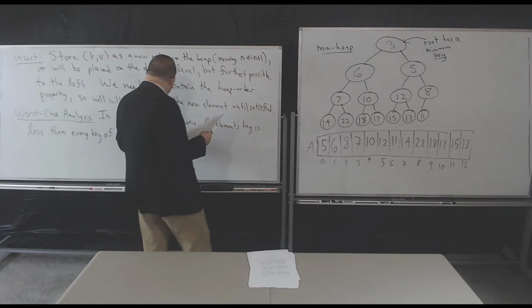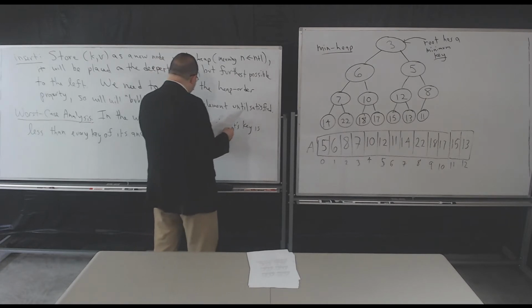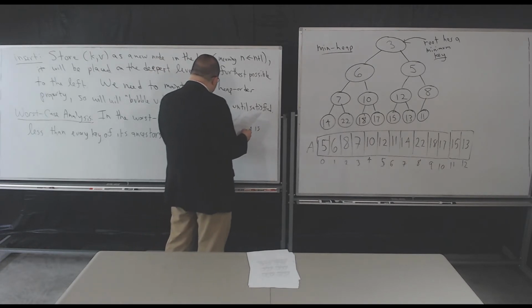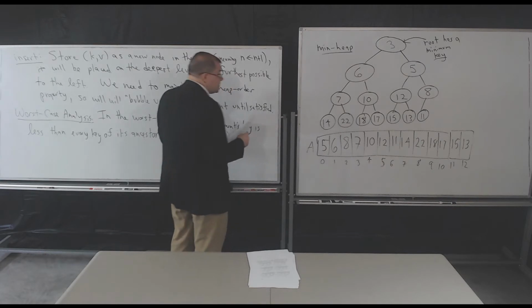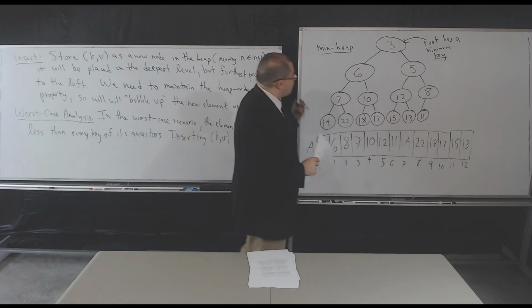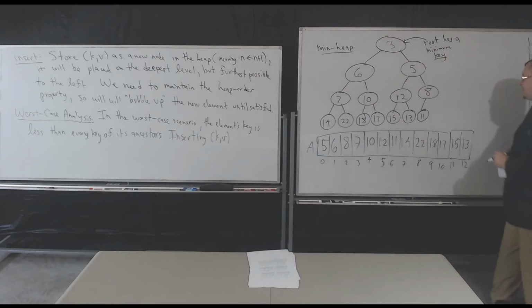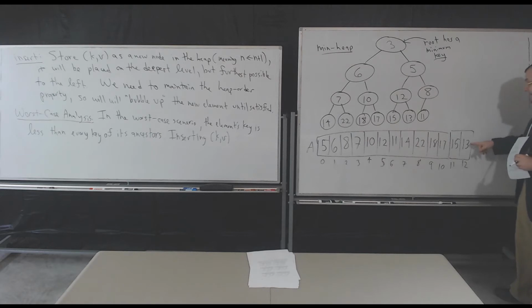So how long does it take me to insert the element into the heap? How long does that take me? Now, assuming that the array is of sufficient length, it should take constant time, because I know exactly where it should go. Where is this position every single time?